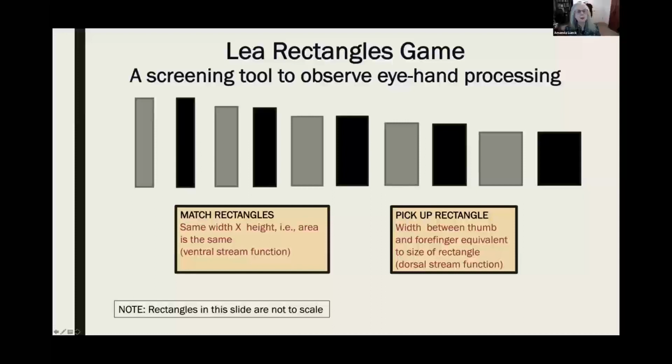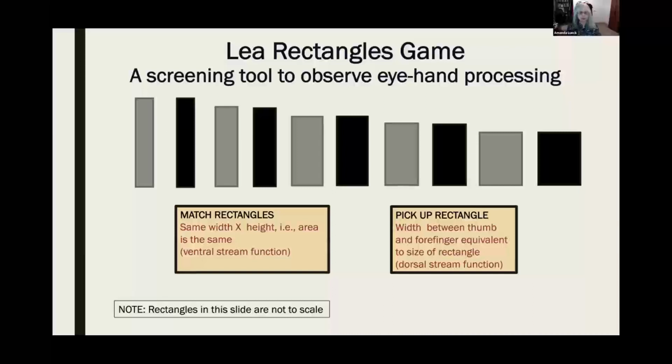So if you put them all along a table and ask a child to match the rectangles, that shows you if they're able to match, and it's a ventral stream function. And one way of simplifying the task is to put, say, all the black rectangles on the surface to make a pyramid, with the longest one at the bottom and the fattest and the shortest one at the top.